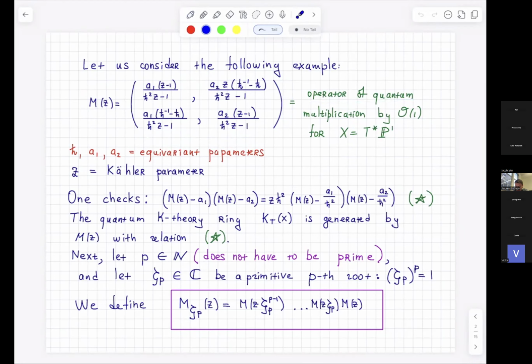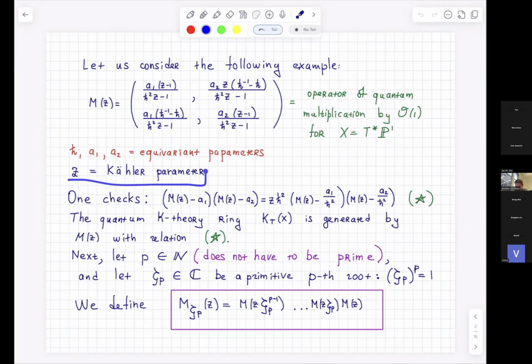So, the parameters in the story here. h bar, a1, and a2 are equivariant parameters. h bar is as before. It's a parameter which scales the cotangent fibers and retracts everything to P1. And a1 and a2 are parameters of a certain torus which rotates P1.